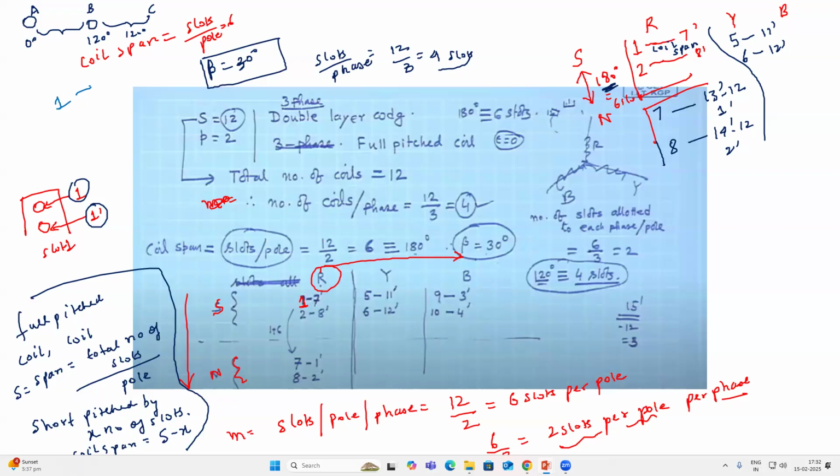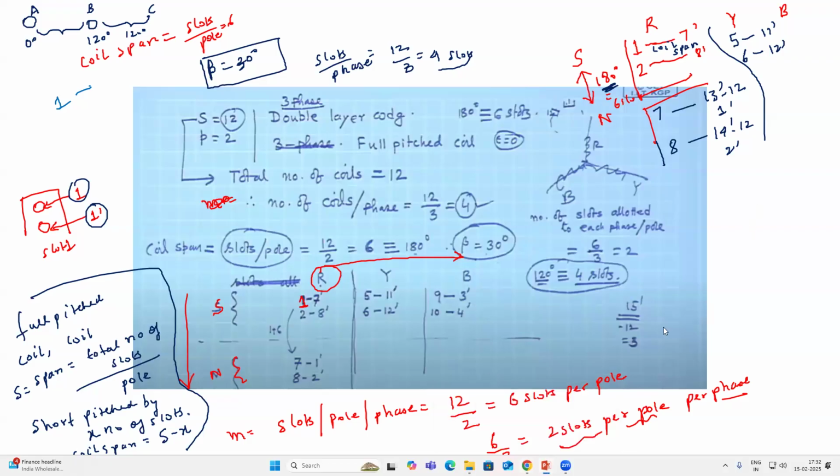So you will see that your total EMF per coil or EMF per phase will reduce if you make it short pitched.